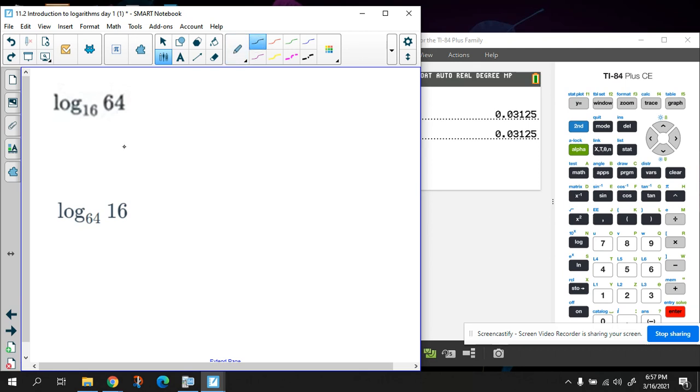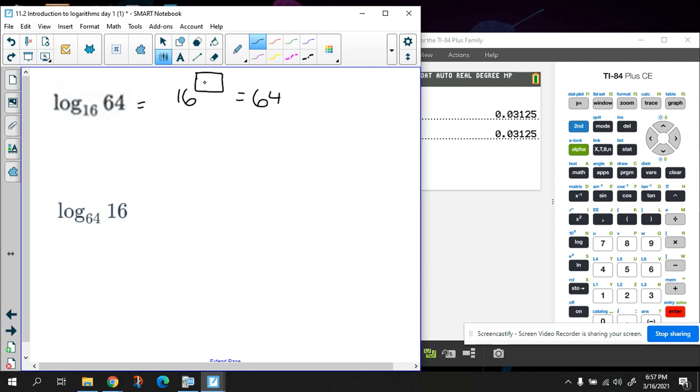On this one, let's see. Notice that these two look almost alike, but the argument and the base are switched. And we have to use that same trick that I showed you in the last one. 16 to some power has to equal 64. So I can't do 16 to a power that makes 64.